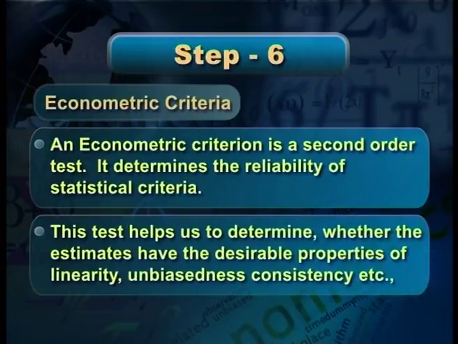This test helps us to determine whether the estimates have the desirable properties like linearity, unbiasedness, consistency, efficiency, sufficiency, etc. That means, whether the B0 and B1 coefficients follow the properties of estimators or not. If they have followed all the properties, then these are reliable. Otherwise, we will not accept the hypothesis.